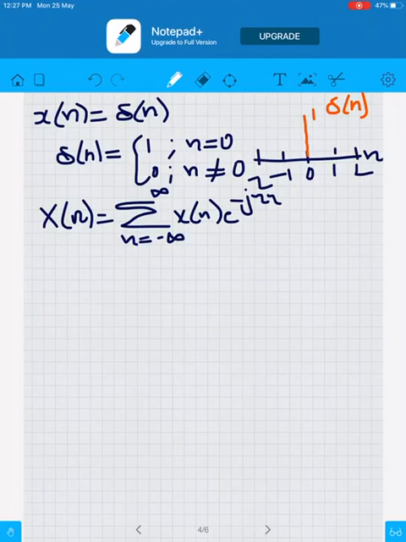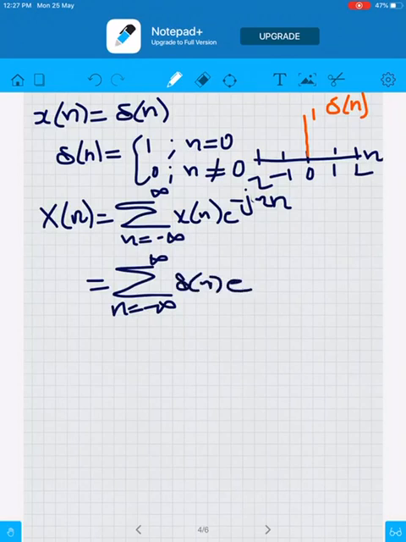Kindly excuse me for this handwriting. Now using the definition of the discrete time version, I can write this as, substituting that, summation n is equal to minus infinity to plus infinity, x of n is delta of n, into e power minus j omega n.